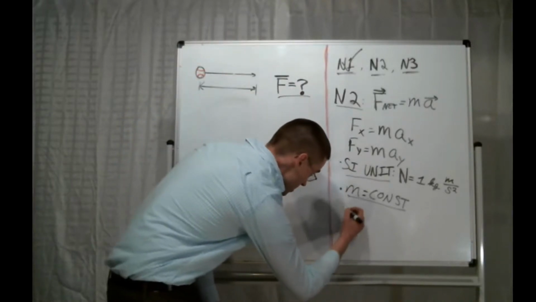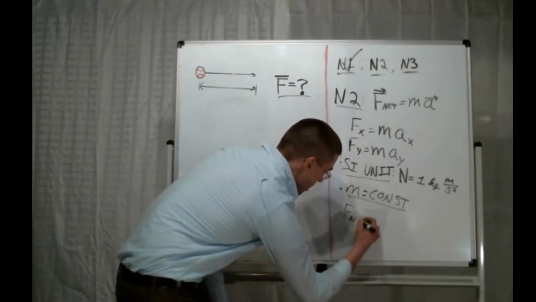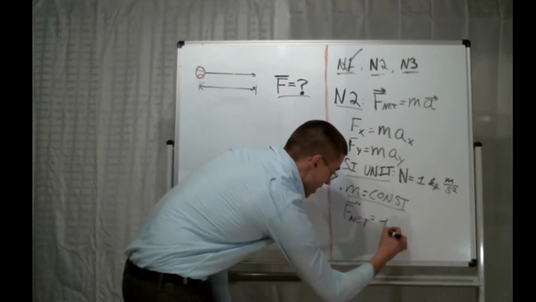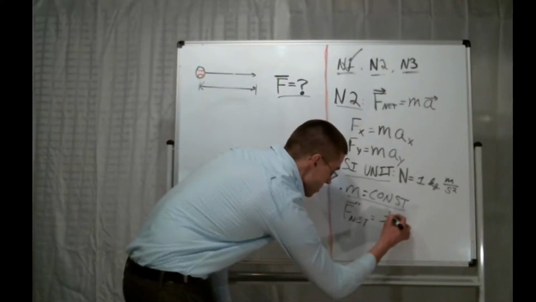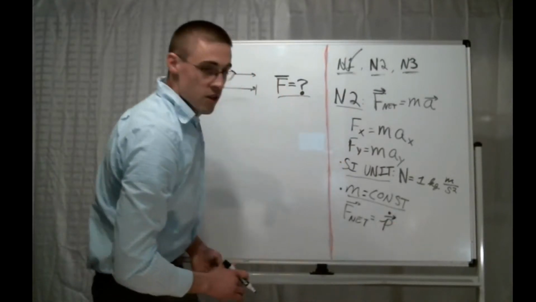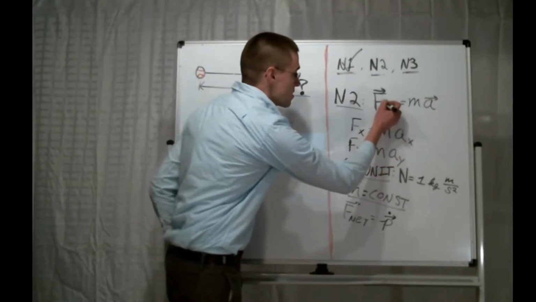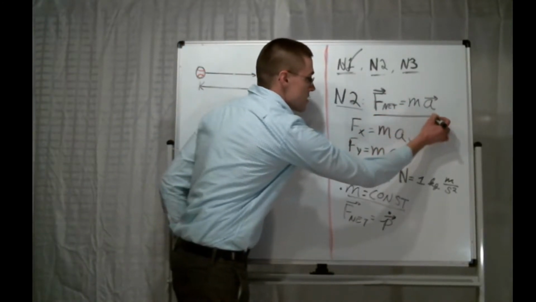Strictly speaking, Newton's second law should be that F net is equal to the time derivative of momentum. Momentum is mass times velocity. In the case where mass is constant, then F net is equal to ma.